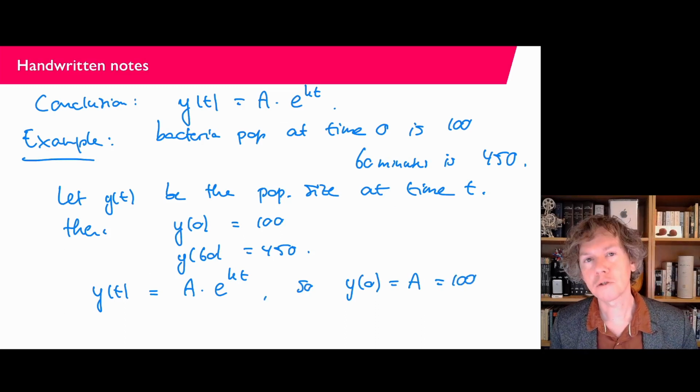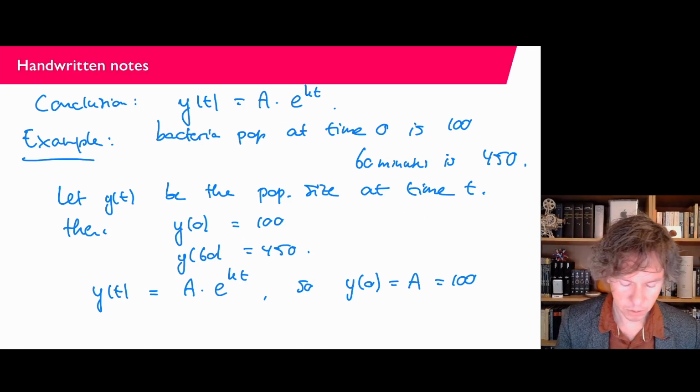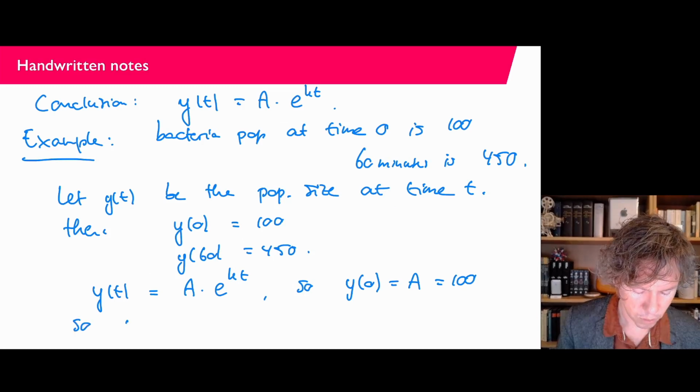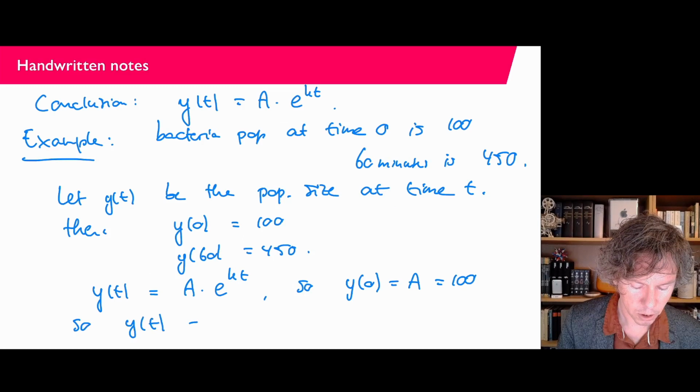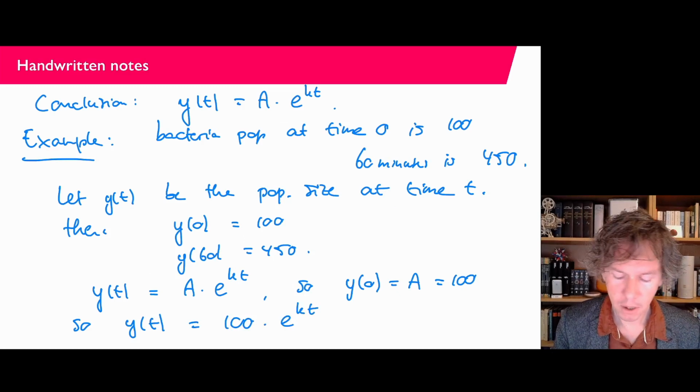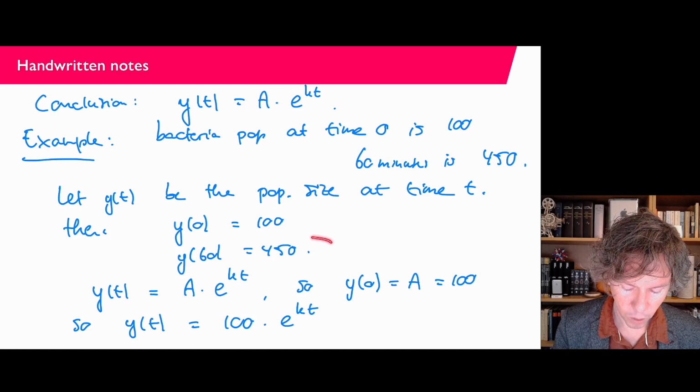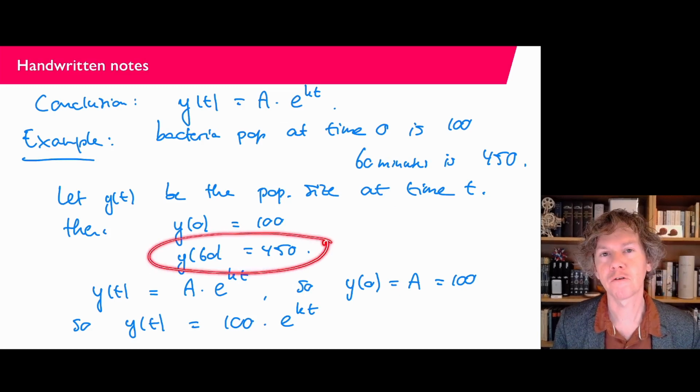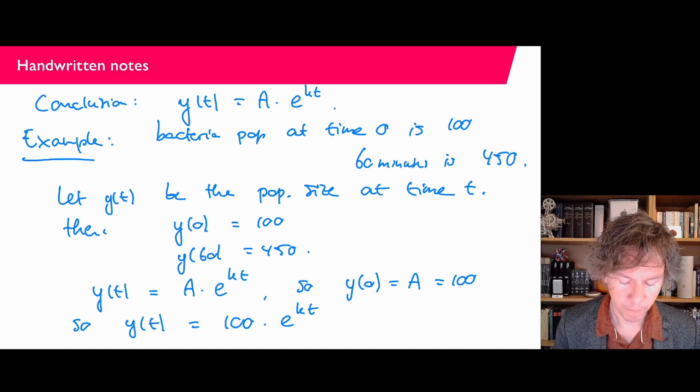So apparently our constant A equals 100. So y(t) equals 100 times e to the power kt. Now, because I have an additional data point, I'm also given that y(60) equals 450. That gives us a way to determine the growth constant, the k that determines how fast the population will grow.